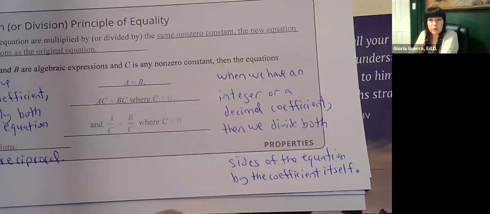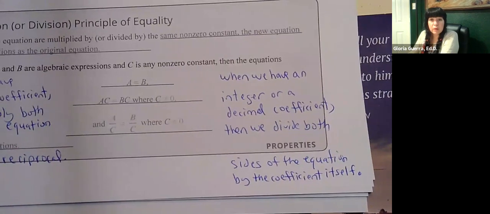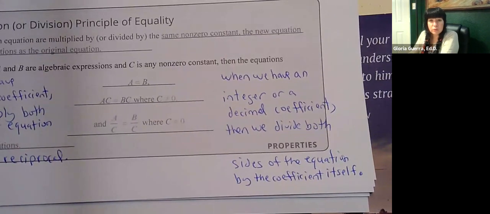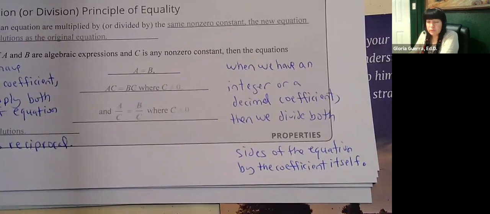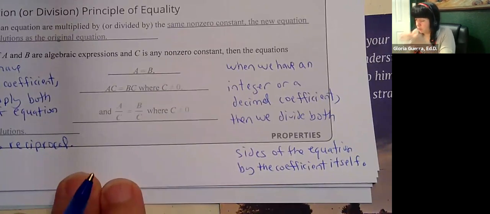So if we have an integer or decimal coefficient, then we divide both sides of the equation by the coefficient itself. Okay. So we'll see some problems where we get to do that. If you need to pause the video, you can pause the video to write that down.